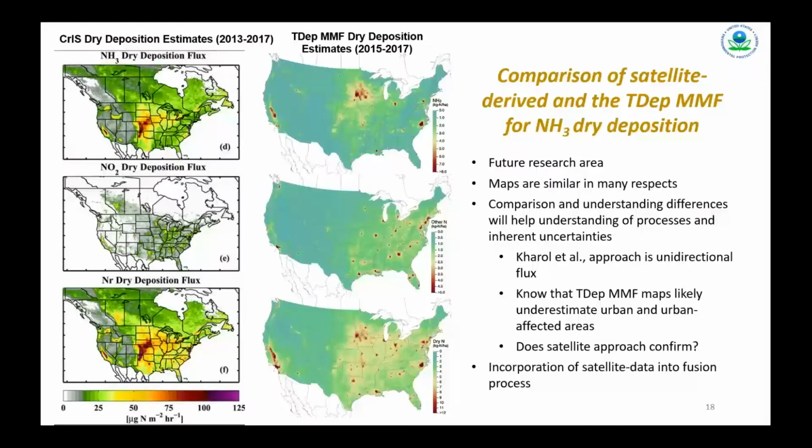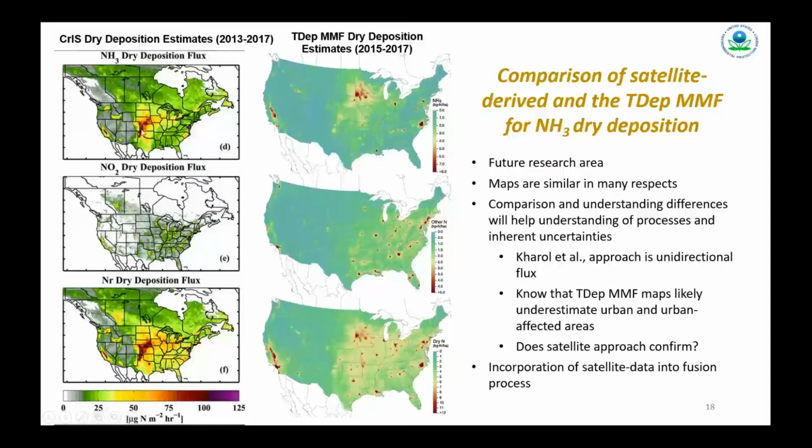And then the last thing I wanted to mention here was the product from Carroll et al., the dry deposition flux, and here's a comparison with the TDep measurement model dry deposition. So this is ammonia. This is the other non-measured components, but it's primarily NO2. You can really see the urban influences reflected in both. You get subtle differences.